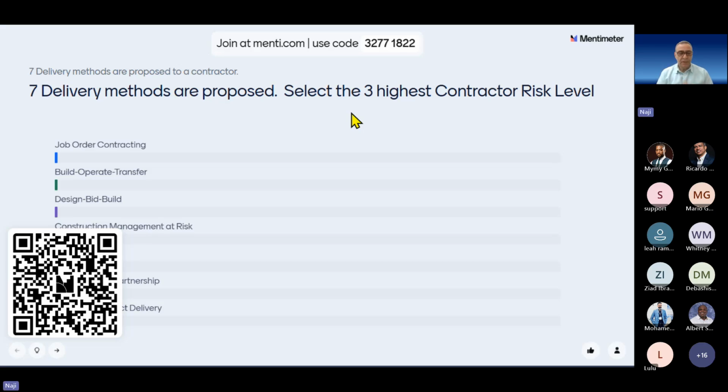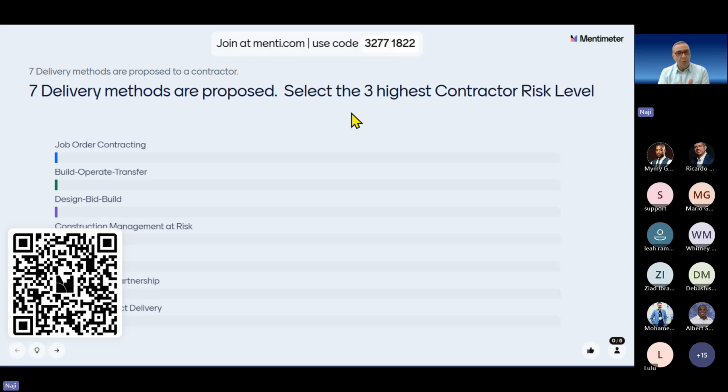You just scan the QR code, or if you're on your mobile, open your browser, type menti.com, and then type the code 32771822. Anyway, it's easier if you scan the QR code and submit the three highest contractor risk levels.